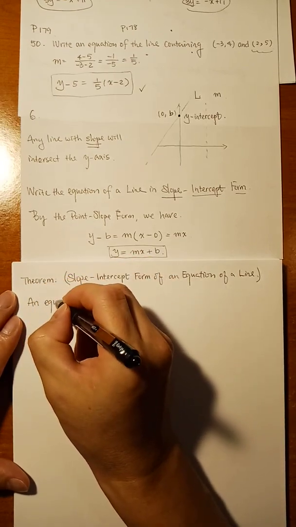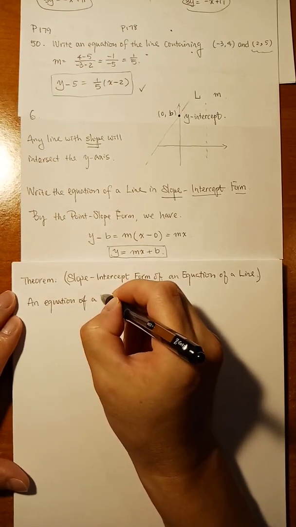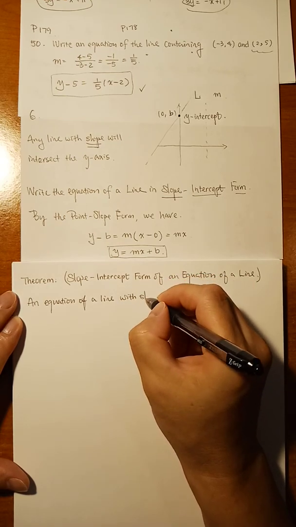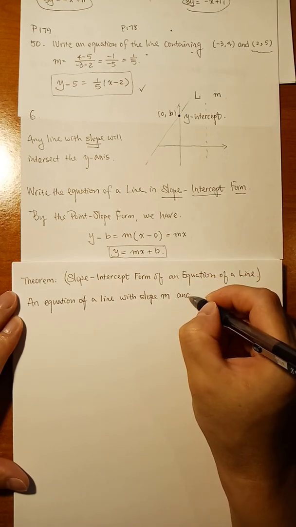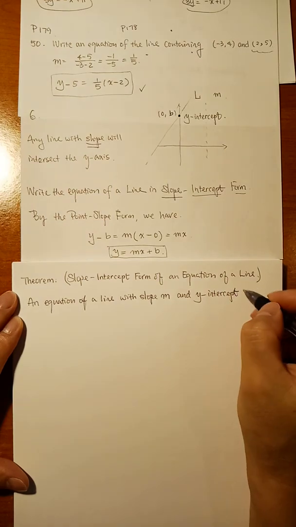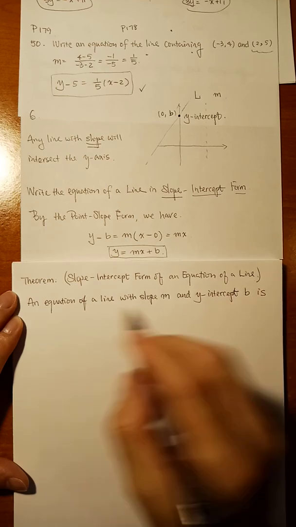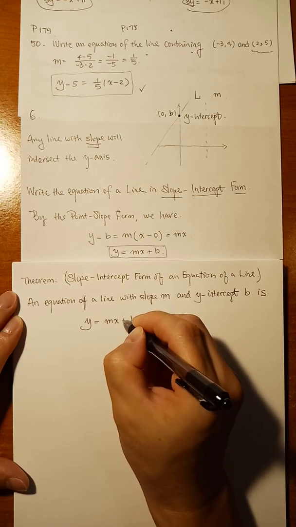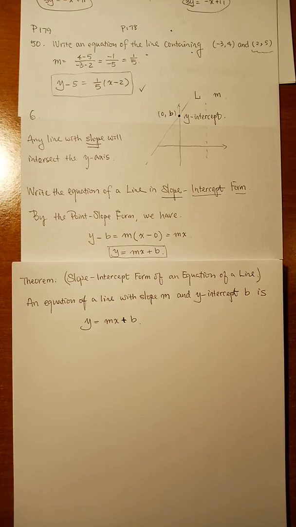An equation of a line with slope m and the y-intercept b is y equals mx plus b.